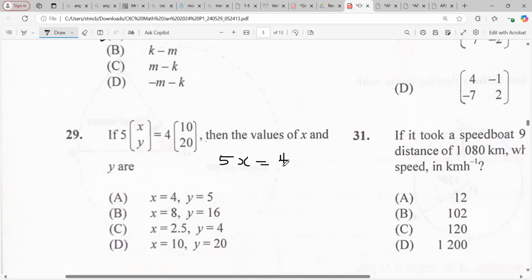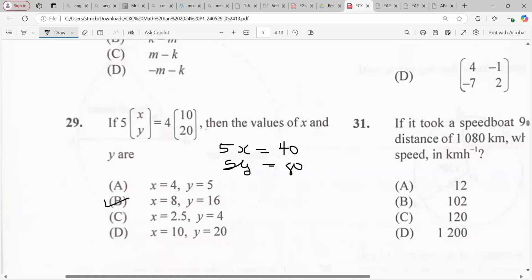And it also means 5 times y, that's 5y, is equal to 4 times 20, which is 80. So we can find them separately. 5 into 40 is 8, so the first one is 8. We don't need to go any further. Let's move on to number 30.